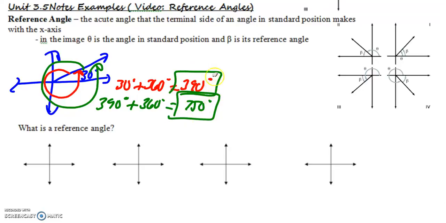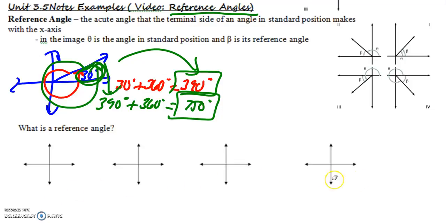So both of these angles, in a way, are a multiple of 30, because you're going around 2 pi or 360 each time. And so you could call 30 the reference angle, because that is what both 390 and 750 are based on. And so that is one way to consider what a reference angle really is. You're really making your life easier because you're talking about a smaller degree measure.